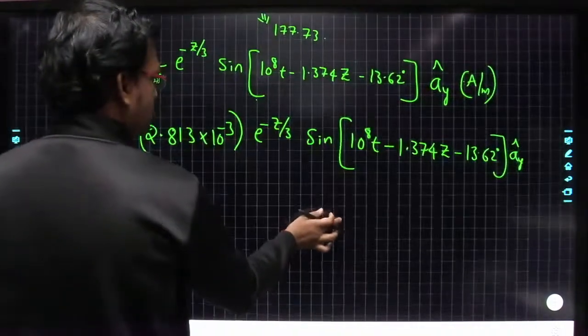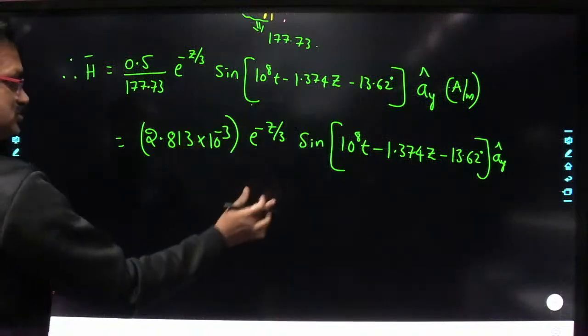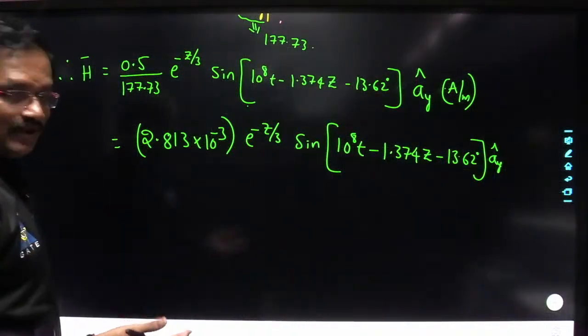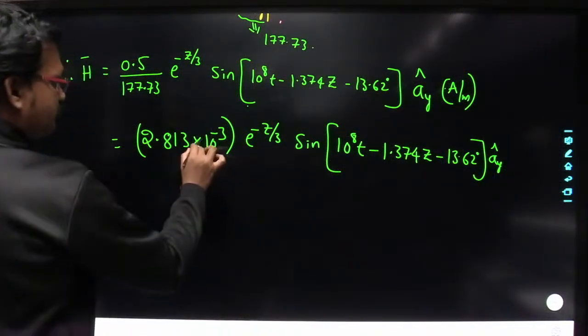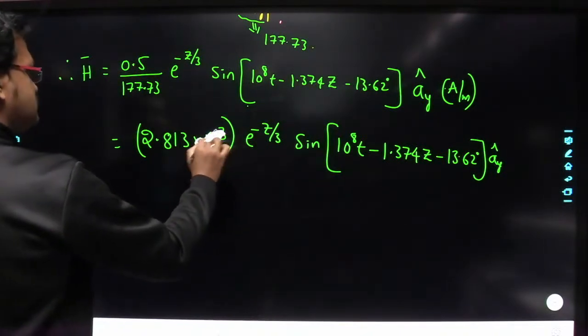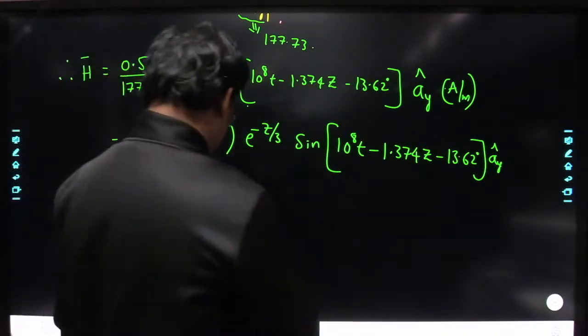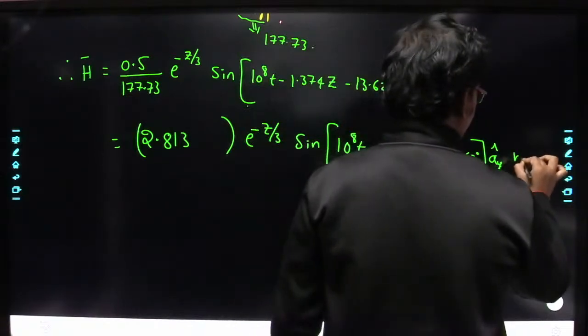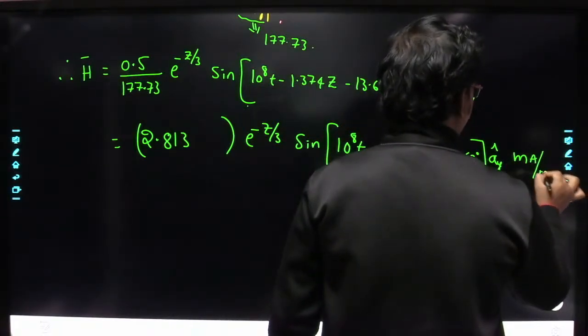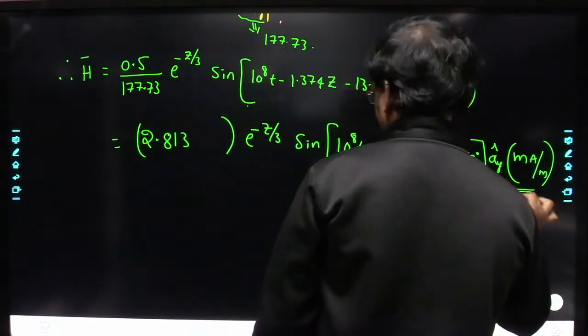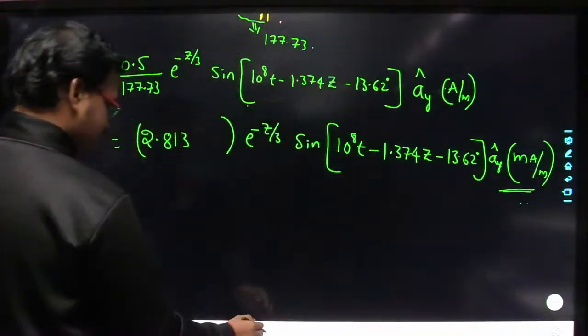If I remove this 10 power minus 3, I can write the units as milliampere per meter.